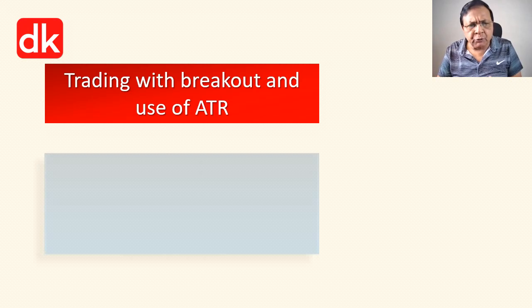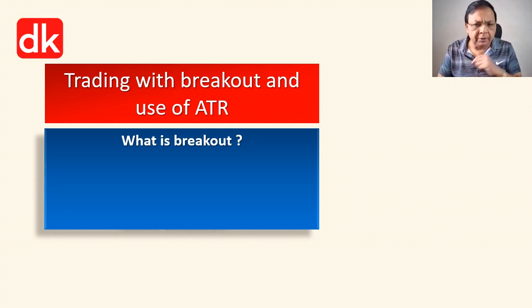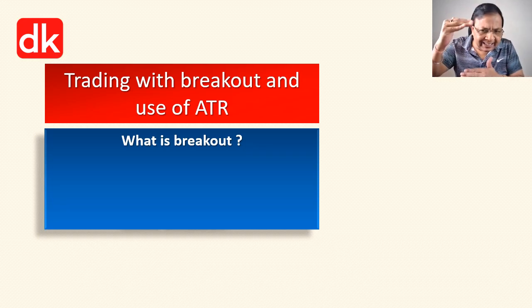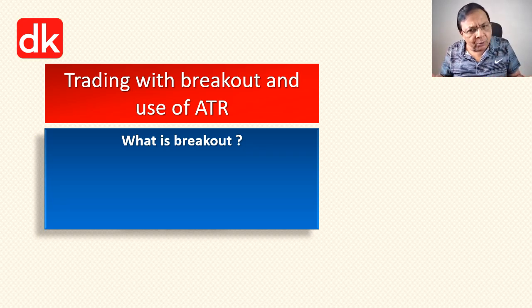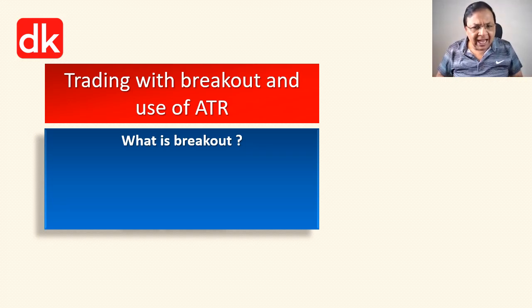So friends, it's very, very important to understand what a breakout is. The very word suggests it: when the price goes past a certain key resistance area, it is called a breakout, and when the price goes down and breaks away from the key support area, it is a breakdown.